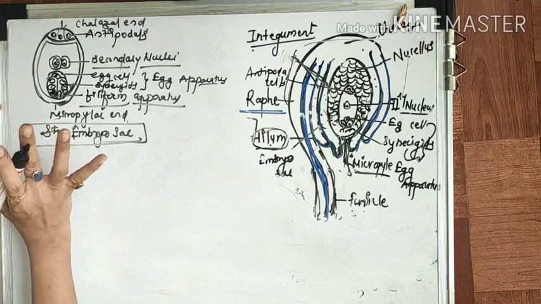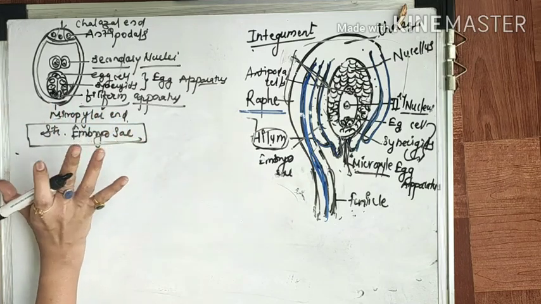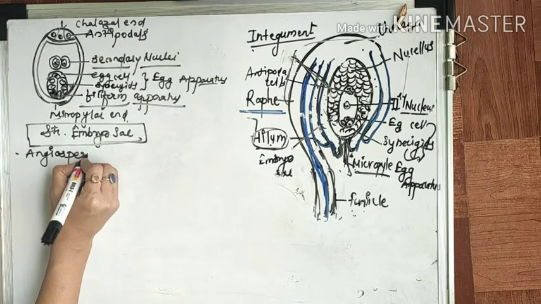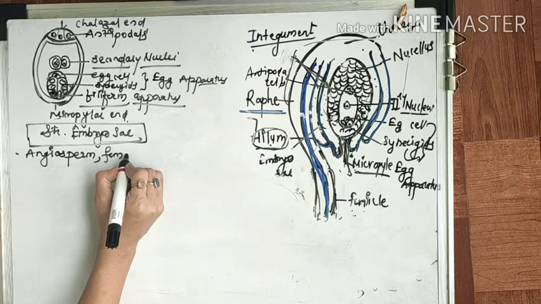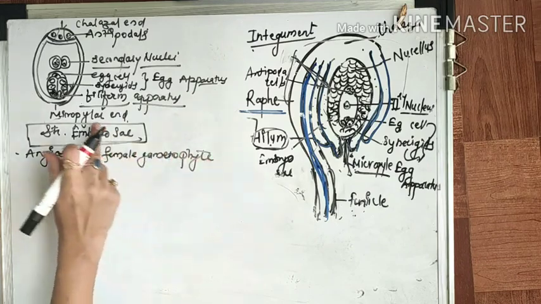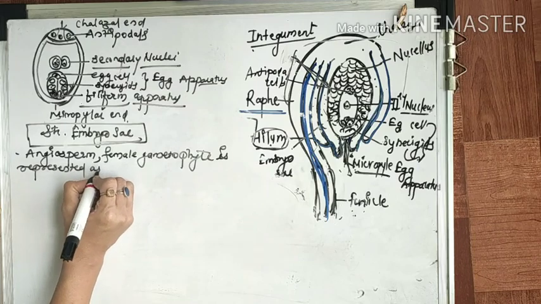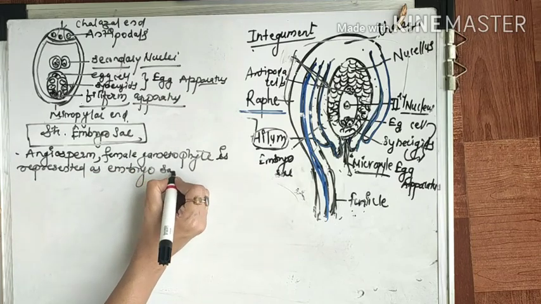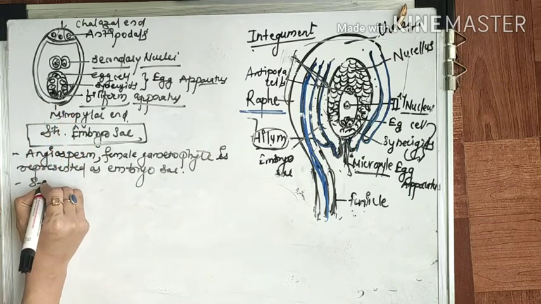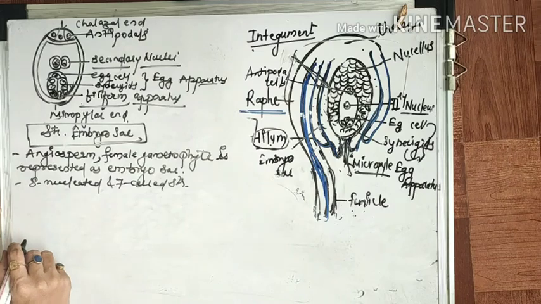In angiosperms, the female gametophyte is represented by the embryo sac, because now we are discussing flowering plants, and flowering plants are nothing but angiosperms. The embryo sac is an 8-nucleated and 7-celled structure, and it consists of 3 parts.